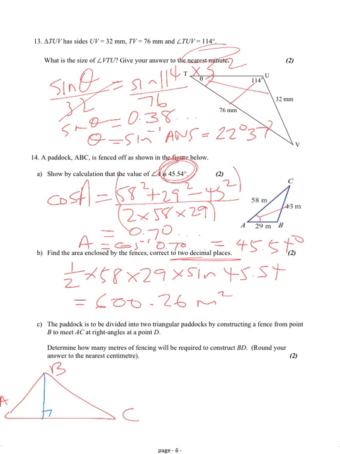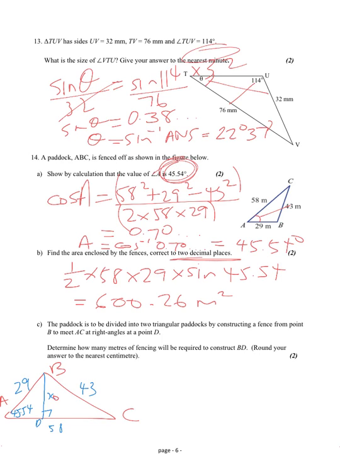Okay, so we know that this is 29 from A to B. We know BC is 43, and we know this is 58. Now, we want to know how many meters of fencing will construct BD, so D is down here now. We also know that this angle is 45.54.